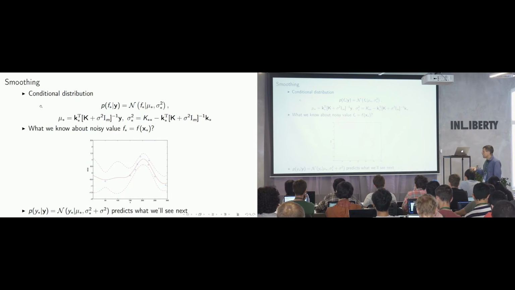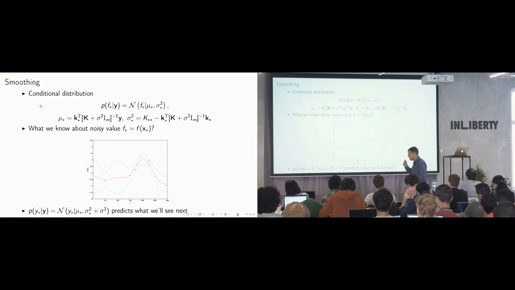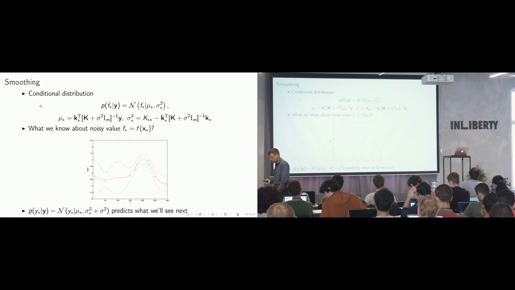And of course, when I was calculating these plots, I assumed that I know this sigma value. But in practice, of course, I don't know the actual noise variance. And so the question is how we can tune parameters of this model.